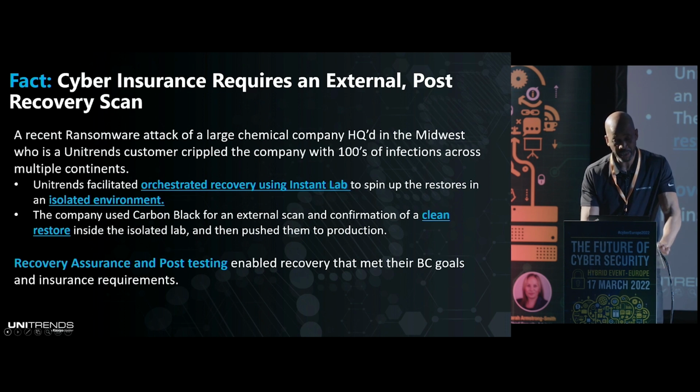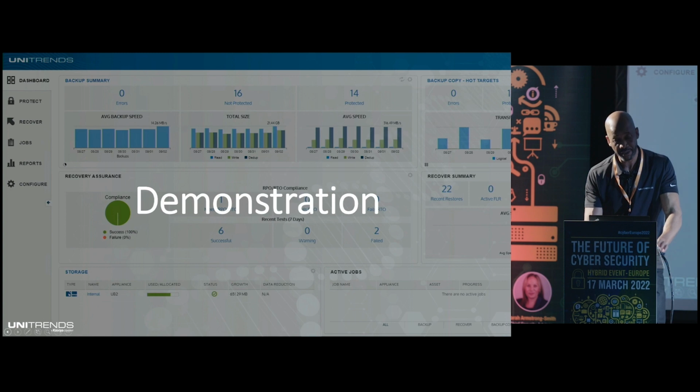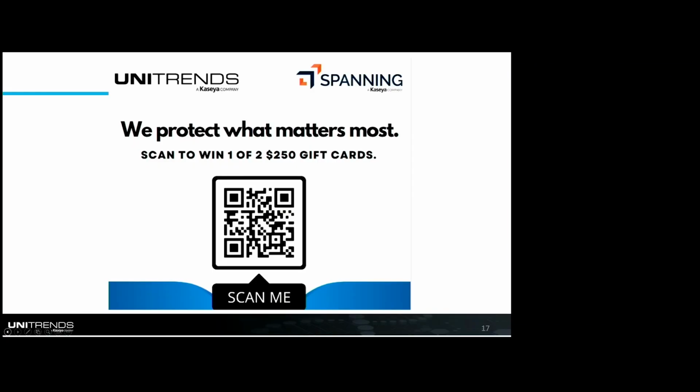Now, I'm going to quickly run you through a demonstration of two of these key products that we want to demonstrate to you. And the first product is our Unitrends product. So our Unitrends product, we can log in through UniView.